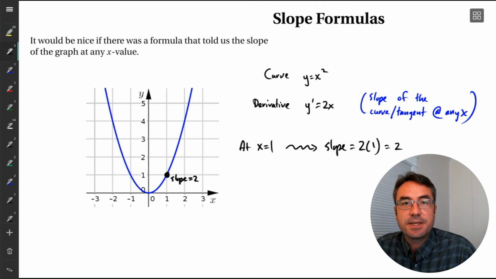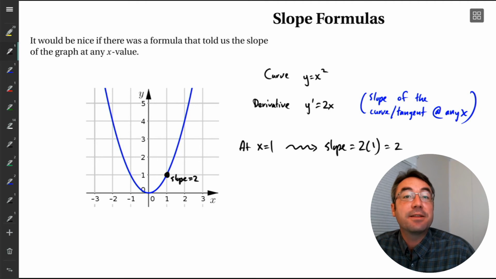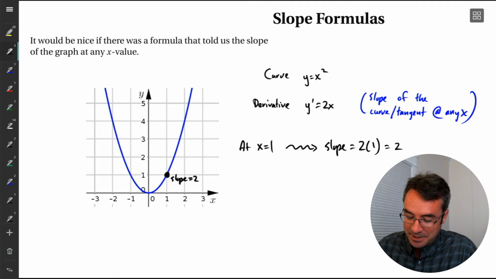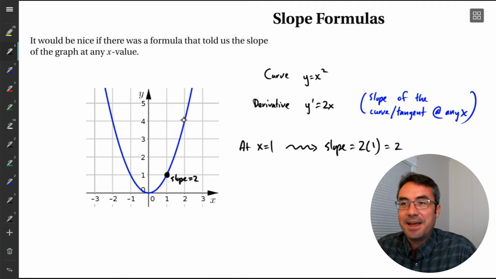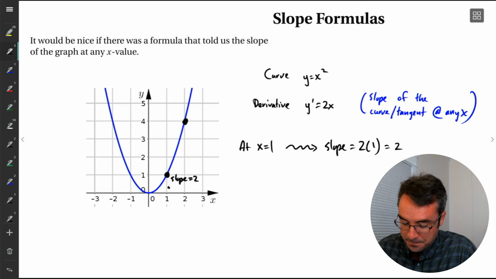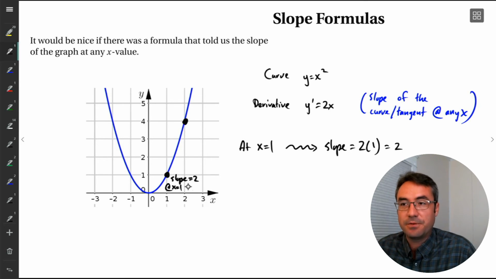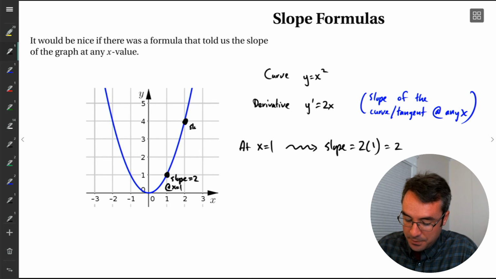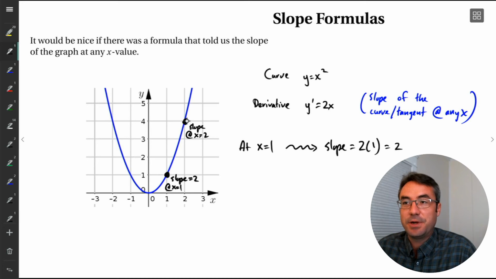But we could play this game all day long. We could sit here and just pick different points and determine the slope at that point. Here's the slope at x equals 1. We found it was 2. What's the slope at x equals 2 at this point here?